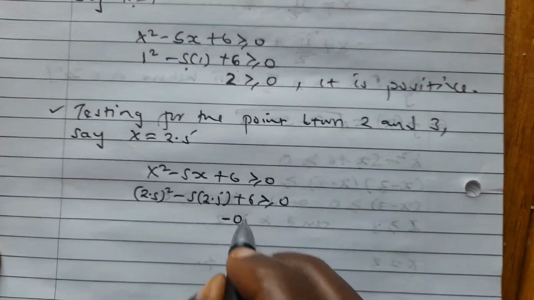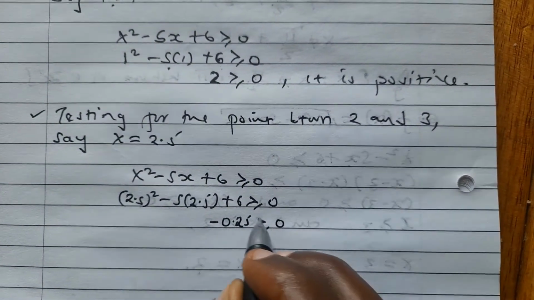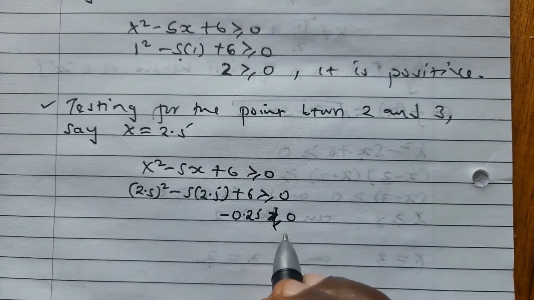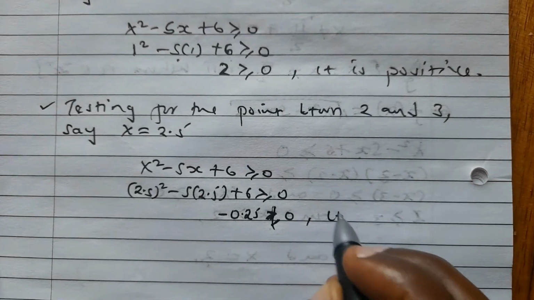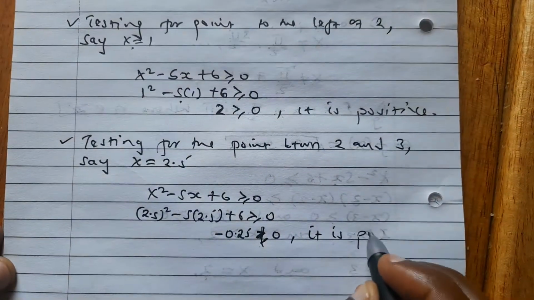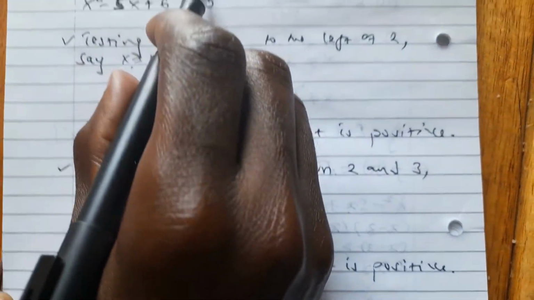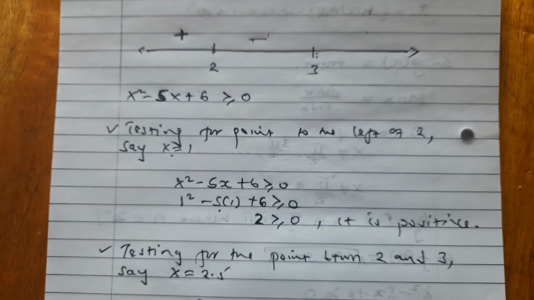And you realize it is not greater than or equal to 0. Actually, it is less than 0. So I'll come at the top of my line here and say it is negative here.